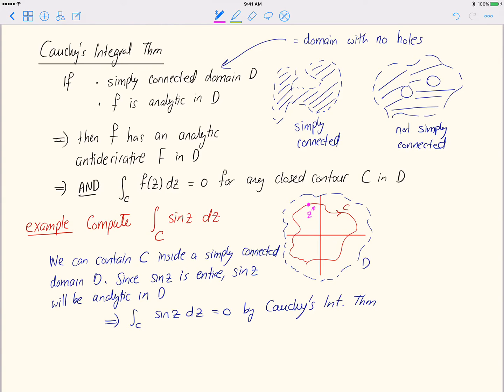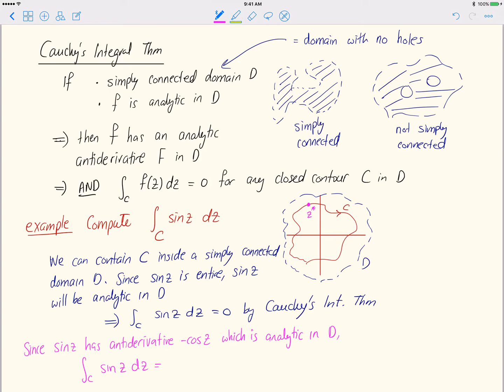Then I could say, as an alternative solution, since sine Z has antiderivative minus cos Z, which is analytic in D, then by the fundamental theorem, integral of sine Z dz.